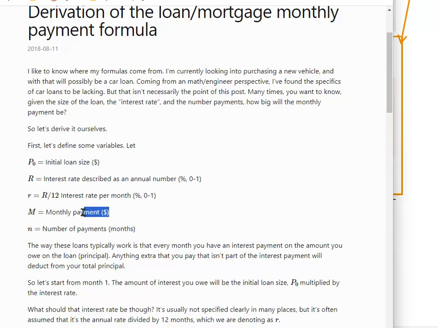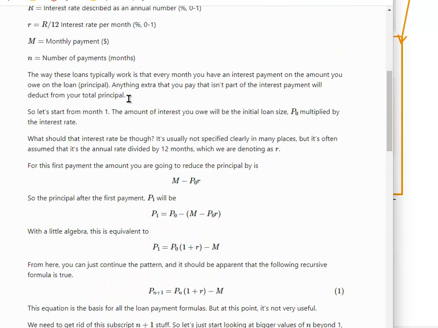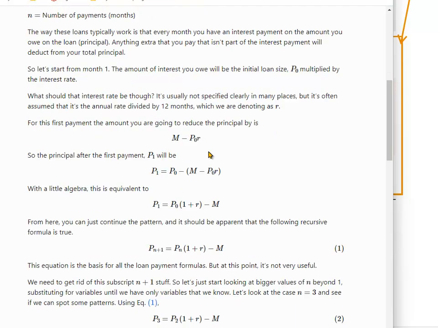This is actually why that formula ought to be derived, and to me it's still surprising that it's a relatively simple formula. So as he goes through the motions here, he says, all right, for the first payment, the amount you're going to reduce principal is, well, your monthly payment minus the interest rate times the principal, and that's what you then subtract from the original principal, so your balance after the first month is P1 over here.